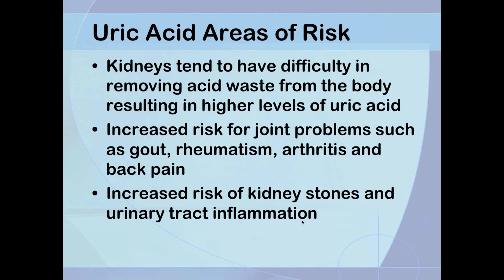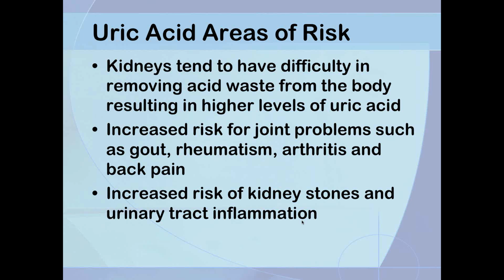it's very specific to the fact that the kidneys are inefficient at removing uric acid from the body. Urea is a byproduct of protein metabolism, which means these people have a harder time removing the acid waste from high protein foods, which makes them more prone to gout, which is basically high levels of uric acid, but also rheumatism, arthritis, and back pain.